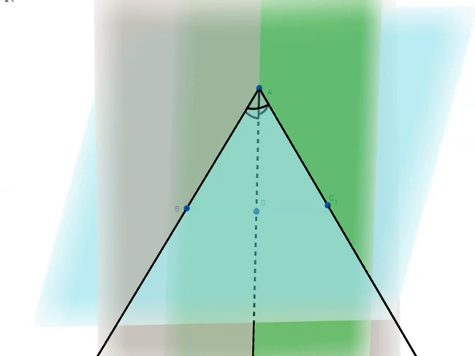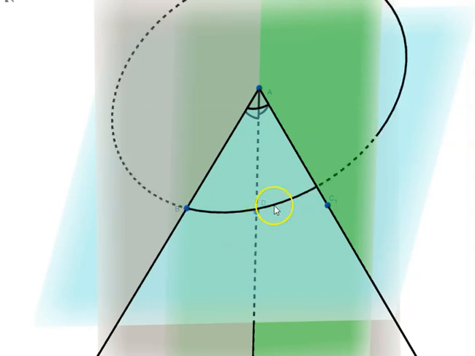So now let's copy angle DAB onto AB at A in this plane. So we know how to do that. We saw it in book 1 itself. So we draw a circle with center at A and radius as AB.